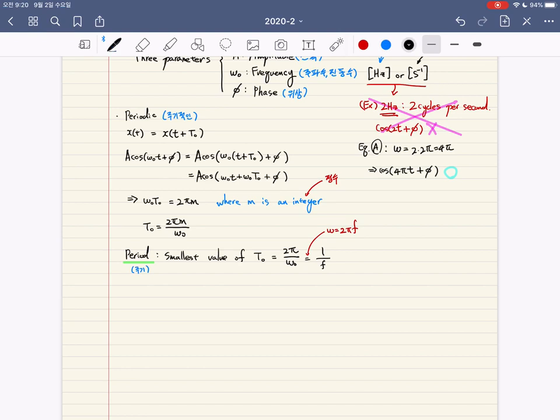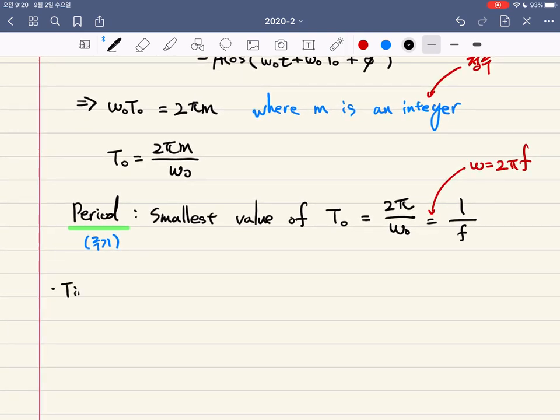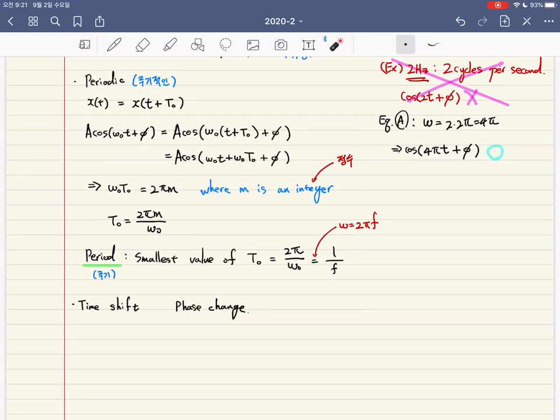And some other properties include the relationship between the time shift and the phase change. We already have an experience with the time shift, which we have done here to examine the property of periodicness.